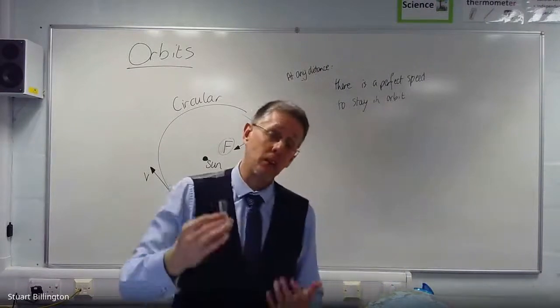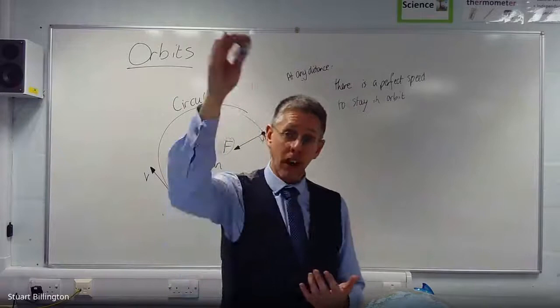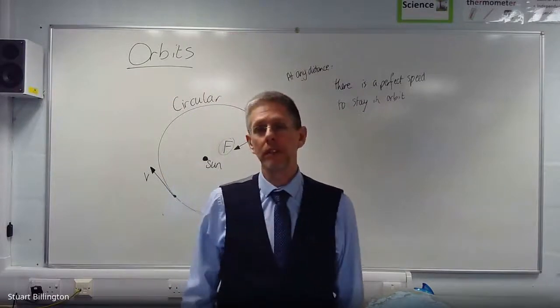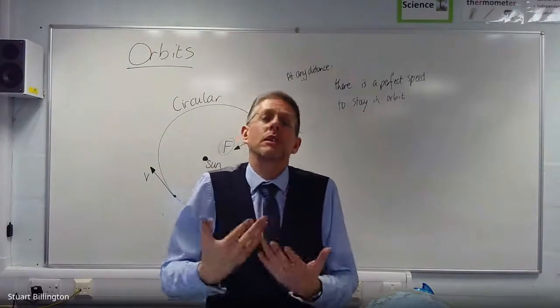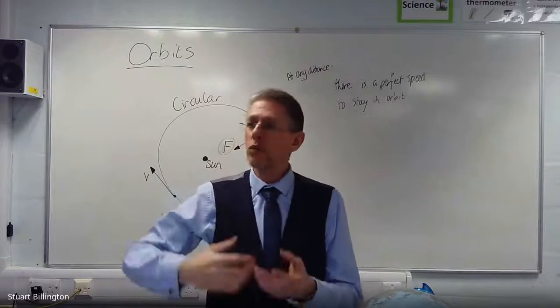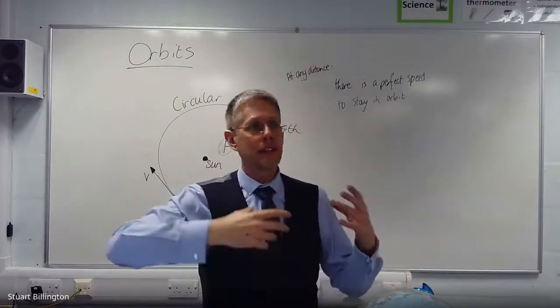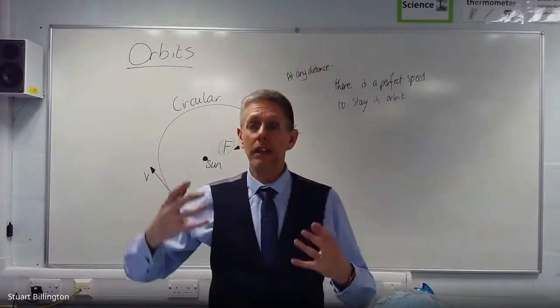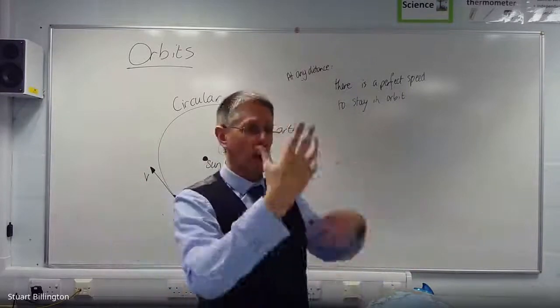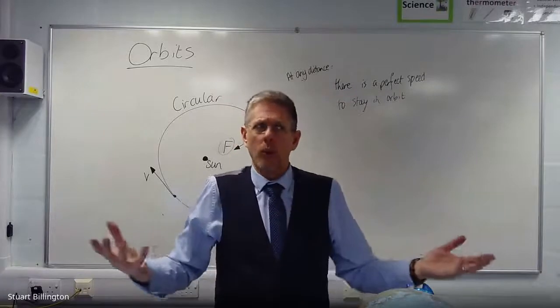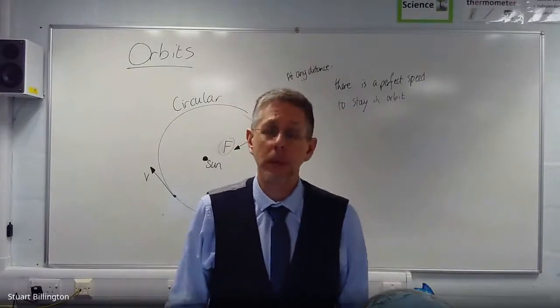Sometimes we put that to our advantage for satellites at different heights because we want them to do different things. Other times it just allows us to explain the way things are, the reason that the planets are in the orbit that they're in, the reason that the sun is in orbit around the galaxy, the reason that our galaxy is orbiting around Andromeda, or Andromeda's orbiting around us, whichever way you want to look at it.